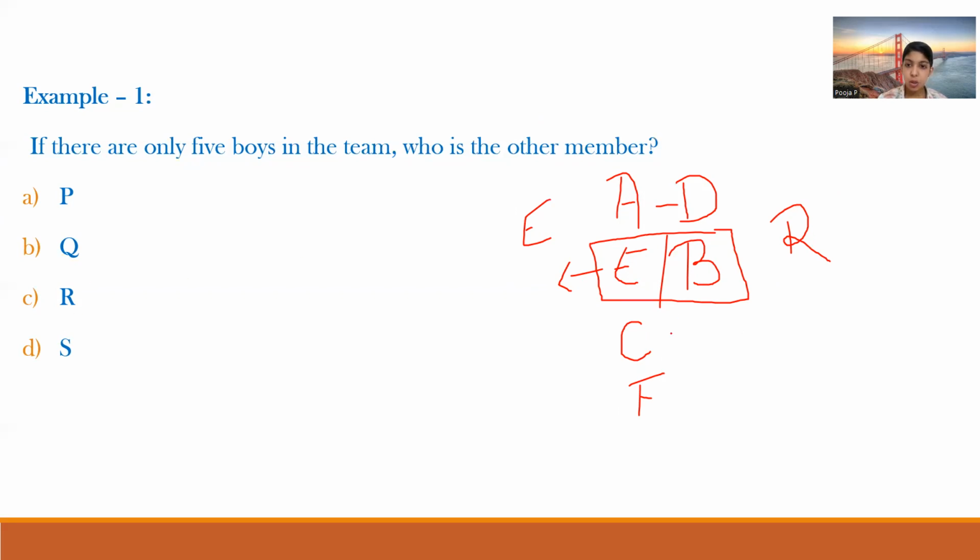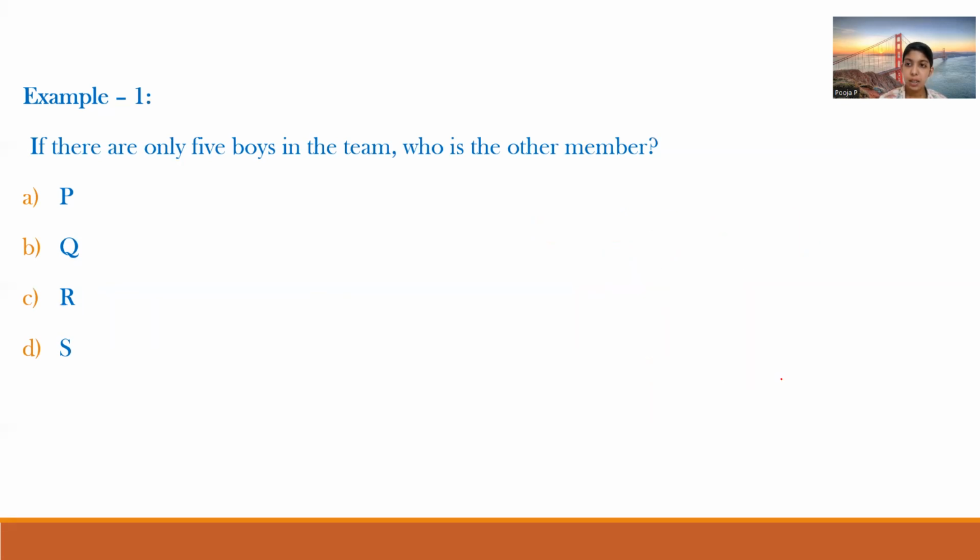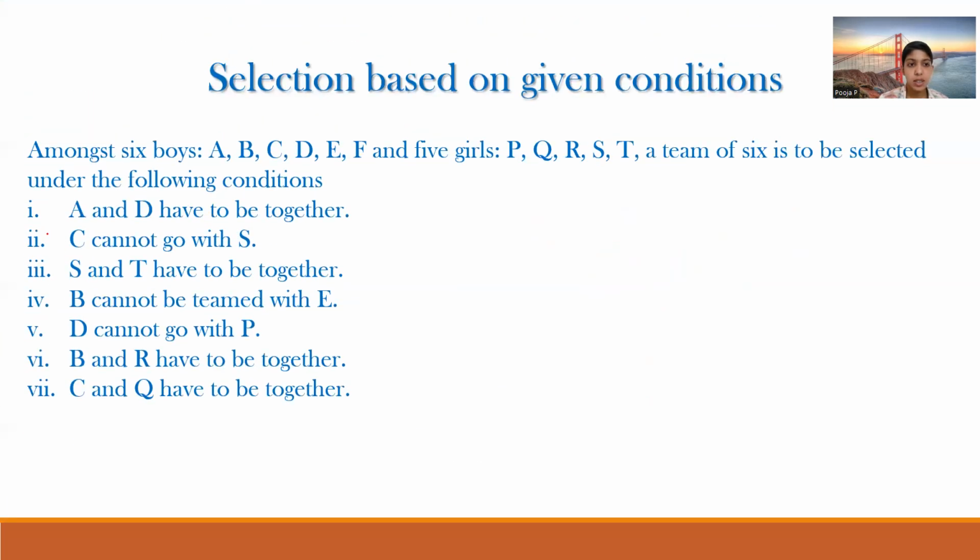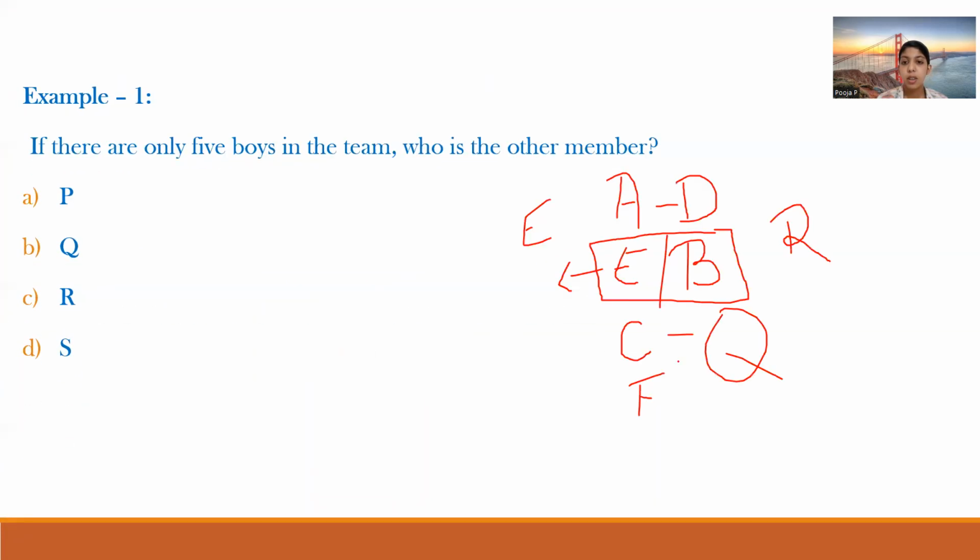If C is chosen, then Q has to come. Correct? Because in the second point they have given, C cannot go with S, but in statement 8, C and Q have to be together. So you actually have 2 options, either B and R, but in that case, no. In that case, you can't satisfy 5 boys.